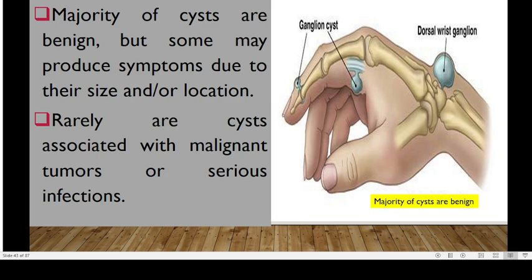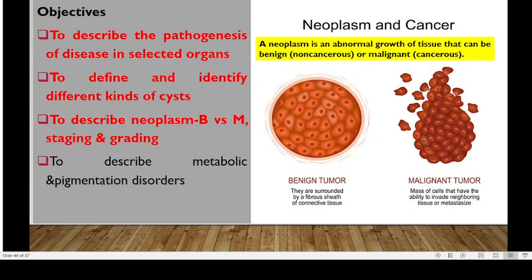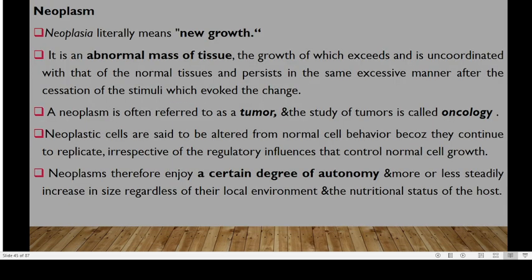All right, guys. So the next objective you're supposed to cover is to describe neoplasms, looking at staging and grading. Remember, a neoplasm is an abnormal growth of a tissue that can be either benign or malignant. Neoplasm literally means new growth.